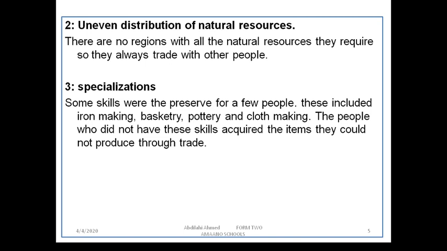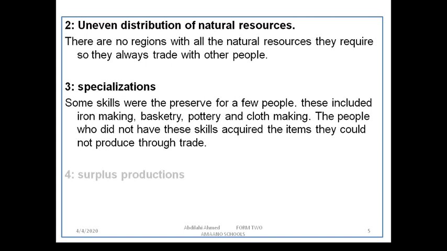Only a few people knew these at the Prophet's time. So the people who did not have these skills, what did they do? They acquired them, which means they exchanged for them; they took the items they couldn't produce through trade. Those people were good at producing those things, but they didn't have everything, like food, so they went and exchanged for what they needed.